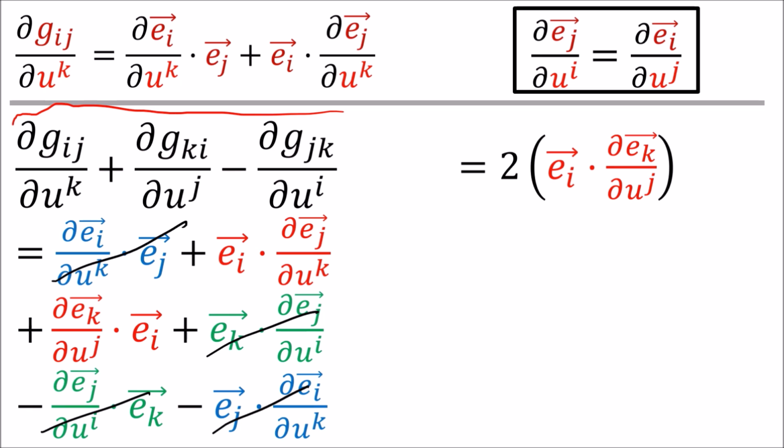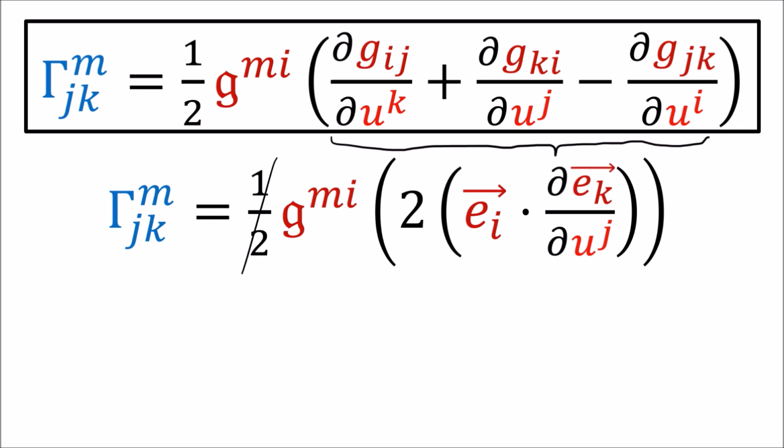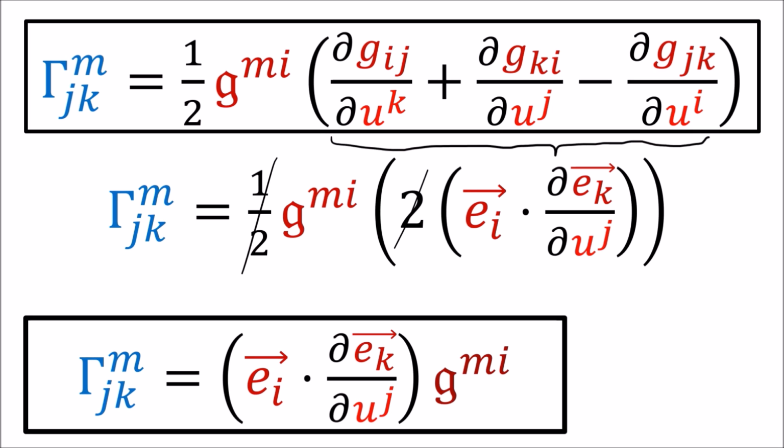So these three metric derivatives added and subtracted together are equal to this. And so you can see that when converting this into this and canceling the 1/2 and 2, we end up with the extrinsic formula that we're used to. So it's possible to start with the intrinsic formula for the Christoffel symbols and derive the extrinsic formula we saw in the last video.